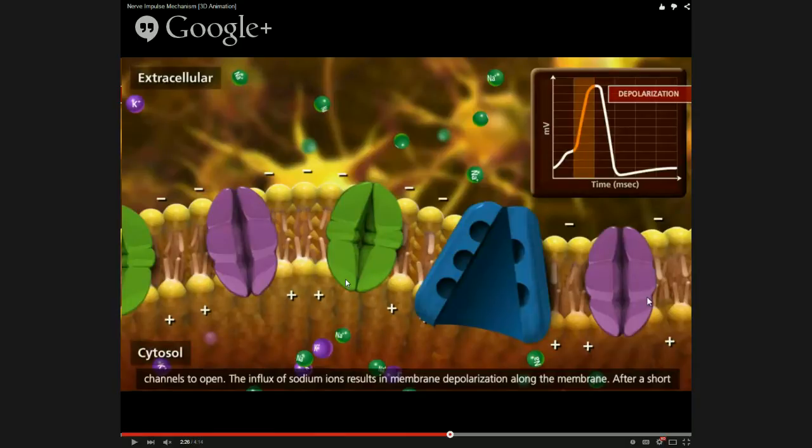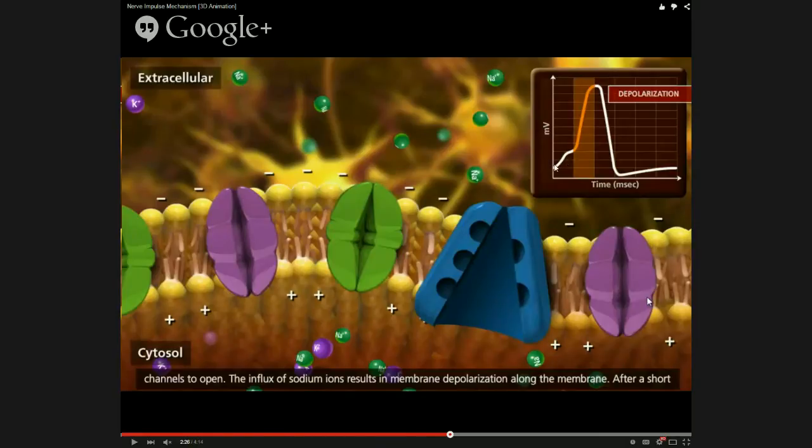So I understand that the blue one's pumping it in and pumping it out. When it was playing, there was the green stuff coming out of the green channel coming back in here while the blue one's pumping it out. That's normal. So this is always doing its job, always going on.